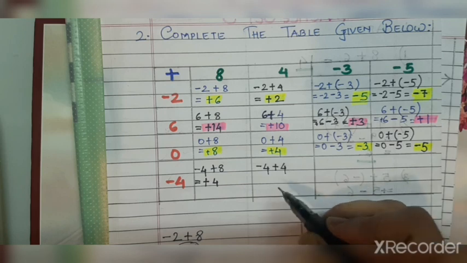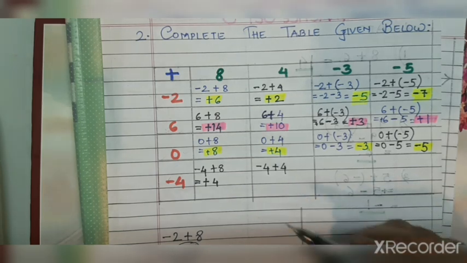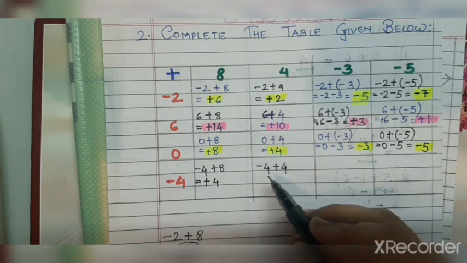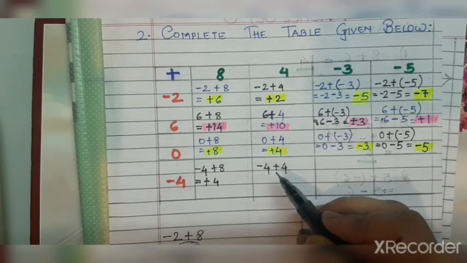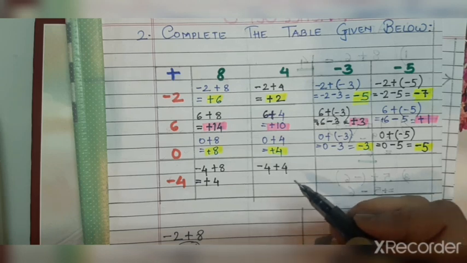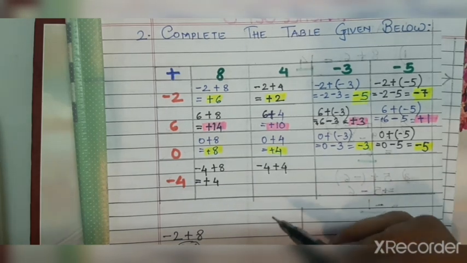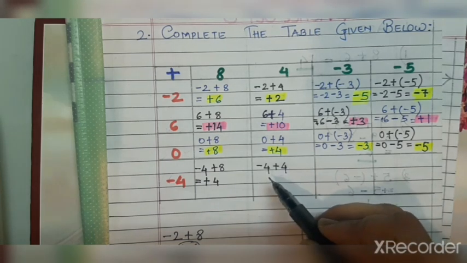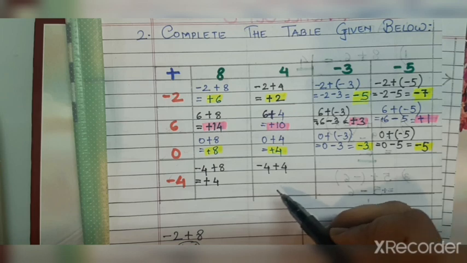Now about this, we are going to study in the next topic, which are called as opposite numbers. I will explain you when I am doing that topic. It is just after this practice set. So -4 and +4 are two opposite numbers.